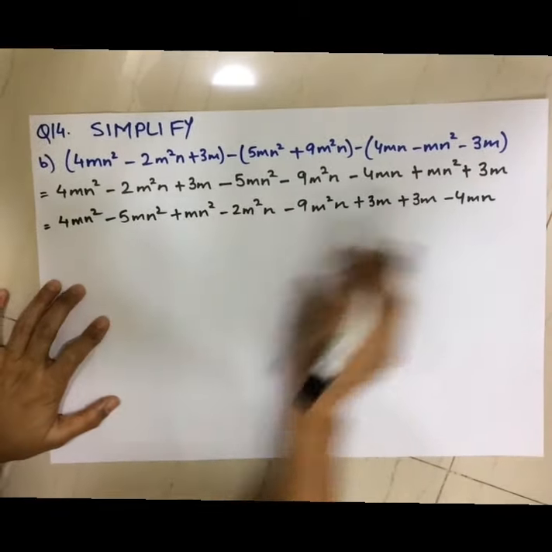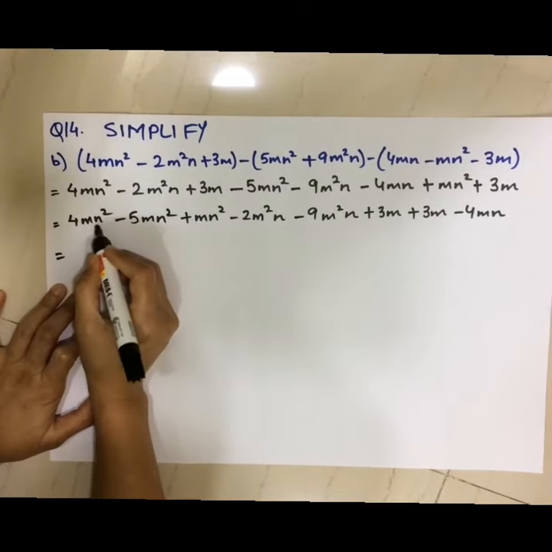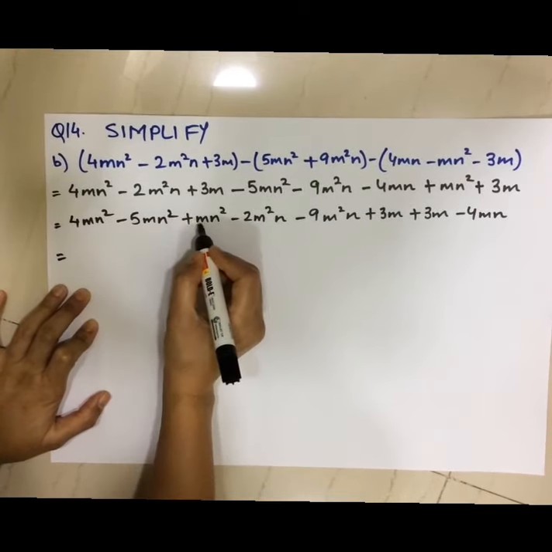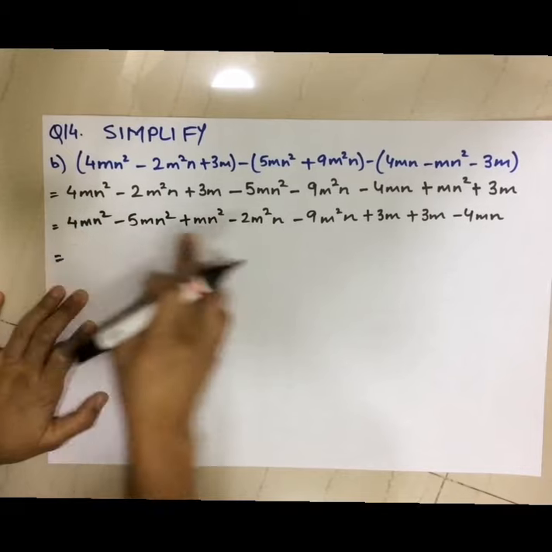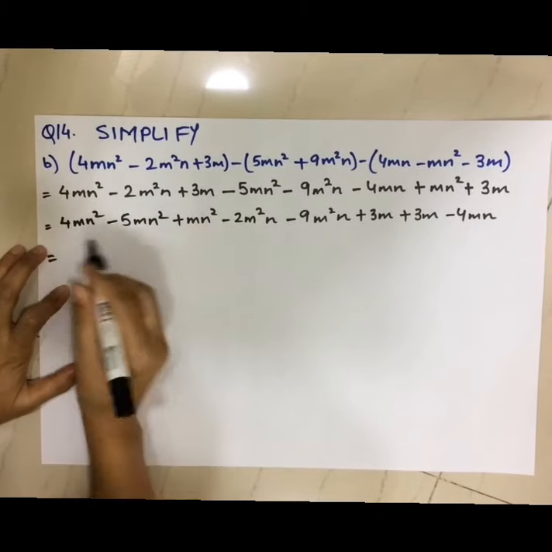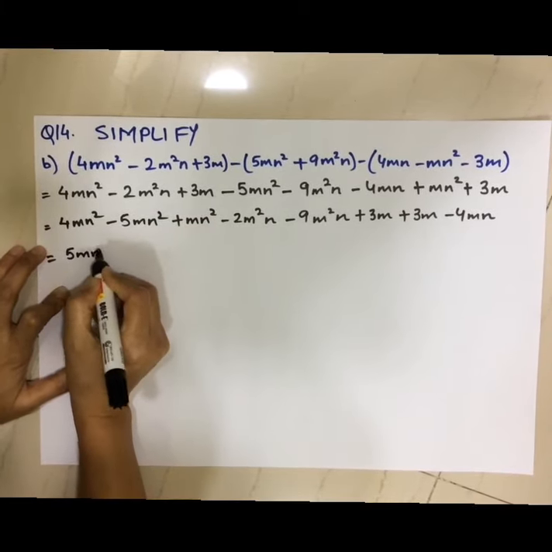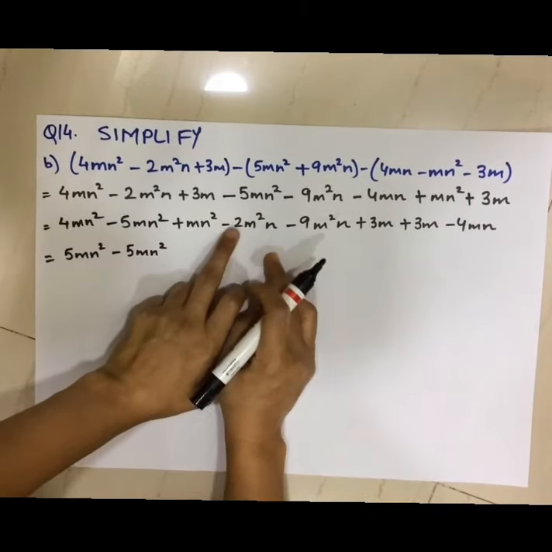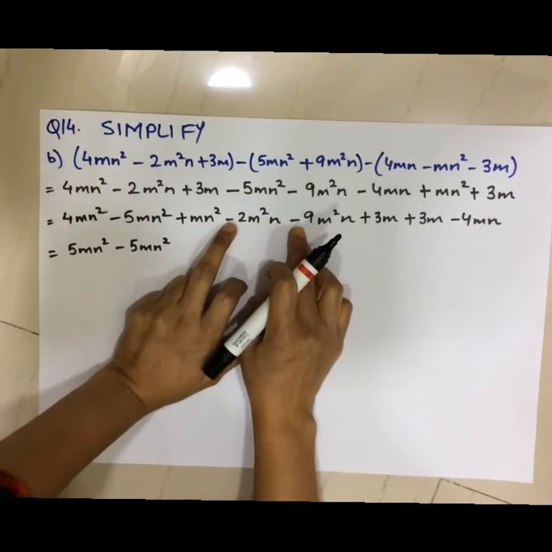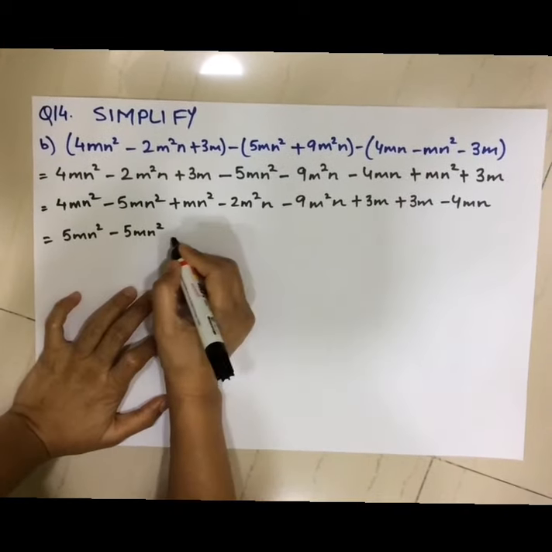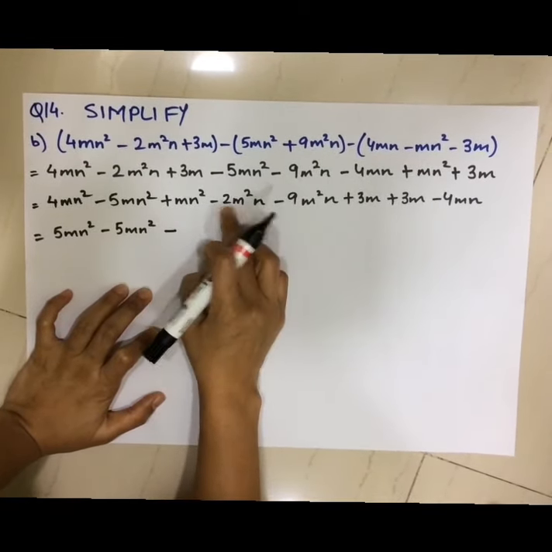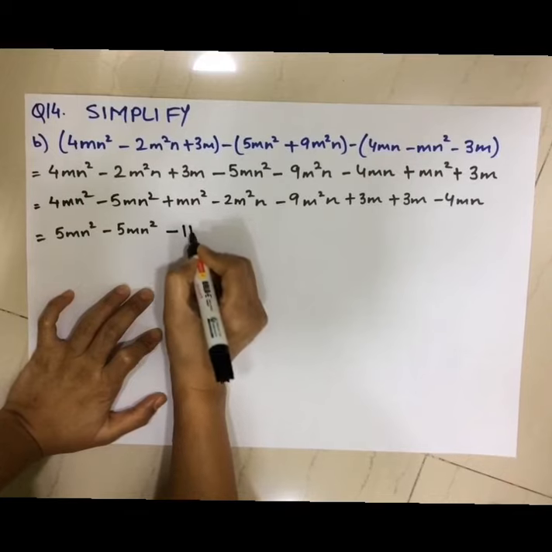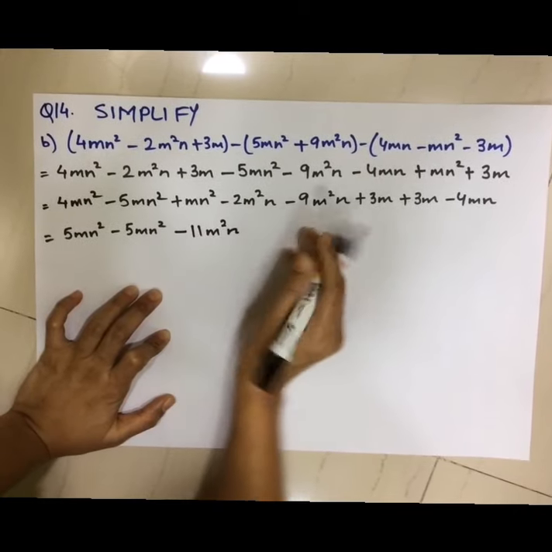So now we are going to solve this. 4mn square minus 5mn square and plus mn square. So 4 and 1, it's 5mn square minus 5mn square. Now minus 2 and minus 9. So minus and minus is plus, but we always put a minus sign. 2 and 9 is 11. So minus 11m square n.